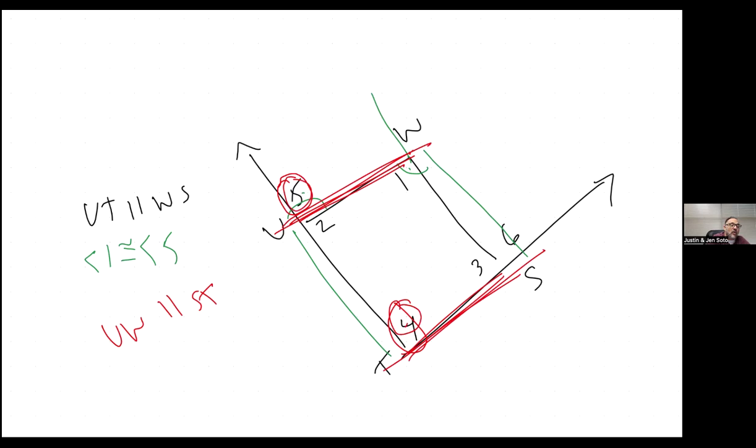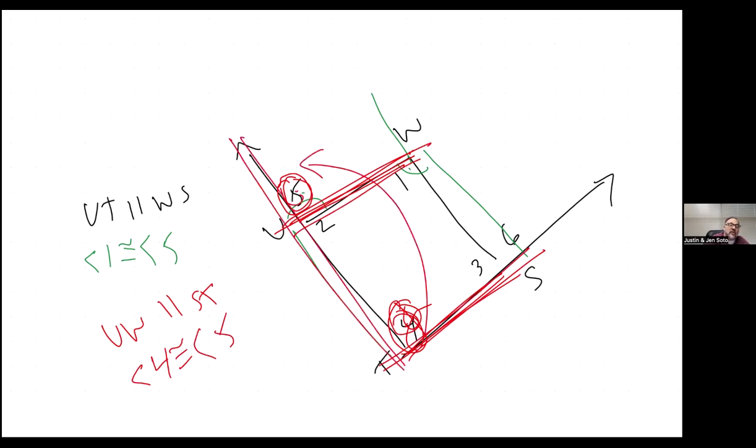So I know that 4 is congruent to 5 because UW and TS are parallel. This line, UT, is their transversal. These two angles are corresponding to each other, and corresponding angles are congruent. Letter B. So number 11, the answer is letter A. 12, the answer is letter B. If two parallel lines are cut by a transversal, their corresponding angles are congruent.